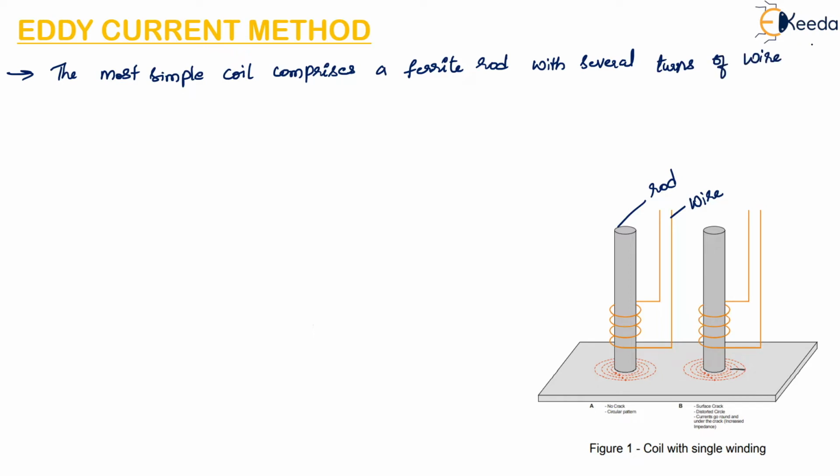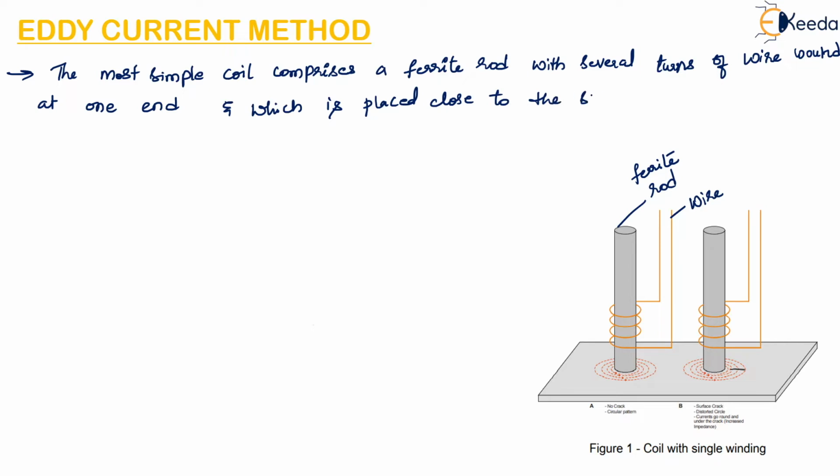Several turns of wire wound at one end, which is placed close to the surface of the product to be tested.